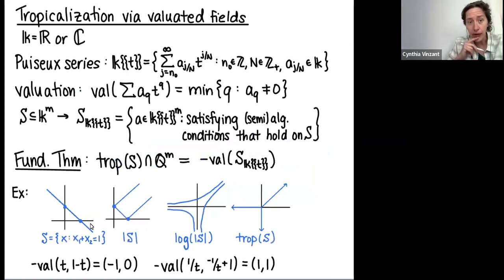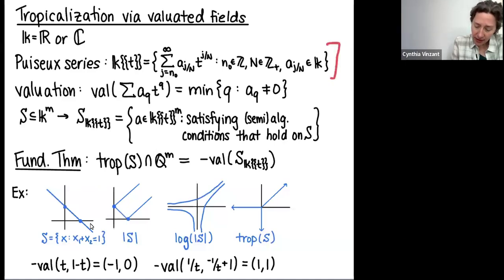So for example, one way to think about this is if we were to start again with the real or the complex numbers, we could take the Puiseux series over this field, which are like power series, except that we allow fractional powers with a uniform denominator, and we're allowed to have the lowest term be any integer, including negative ones.